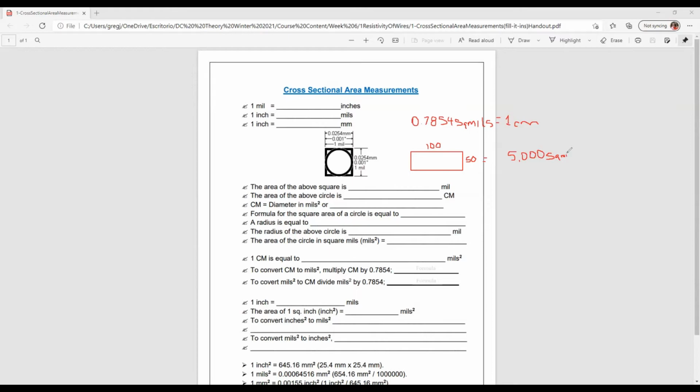And because I told you that every time we have 0.7854 square mils, we have 1 circular mil, if we divide this 5,000 square mils by 0.7854, then I will be able to determine how many circular mils I have on my bus bar. In this instance, I have 6,366 circular mils on that bus bar.